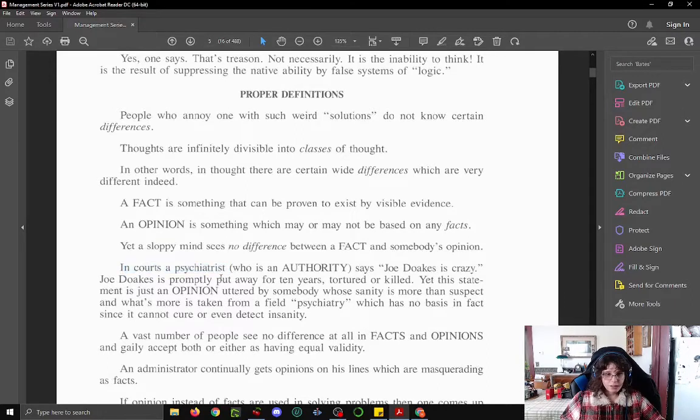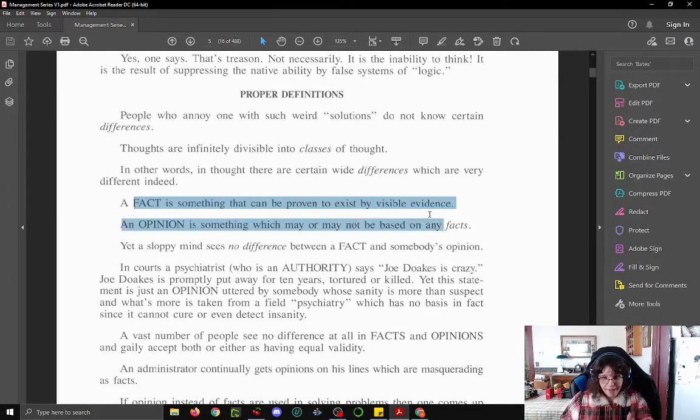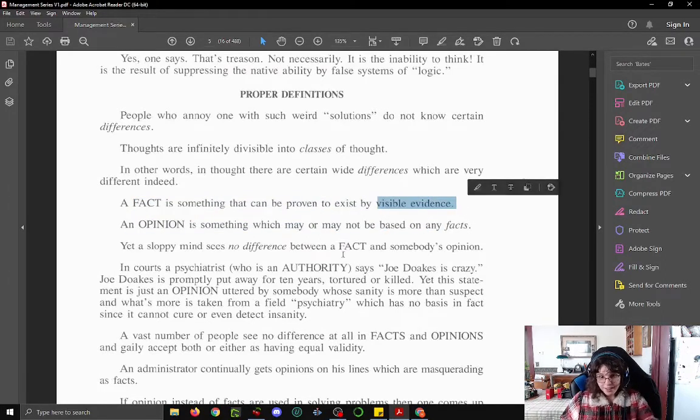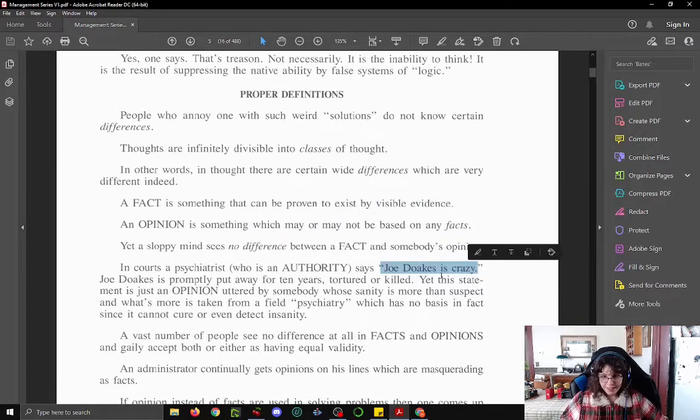Joe Dokes is put away after a mental evaluation, after observing his behavior, learning about his behavior, and it becomes a fact based on the visible evidence that Joe Dokes is crazy. Or Joe Dokes has some sort of mental instability.